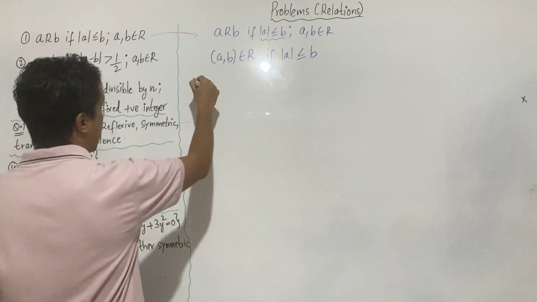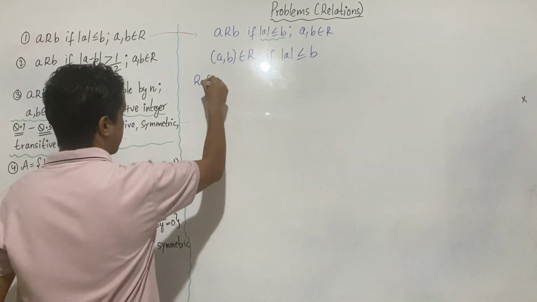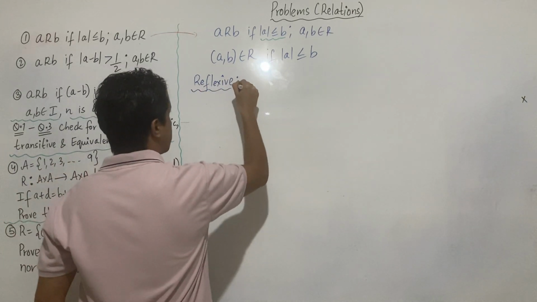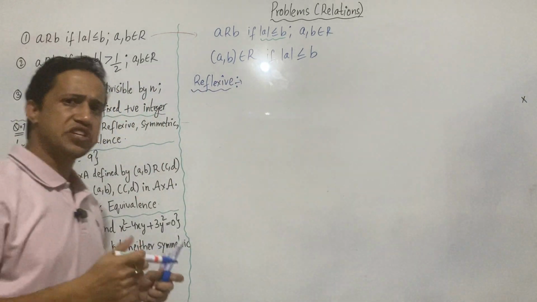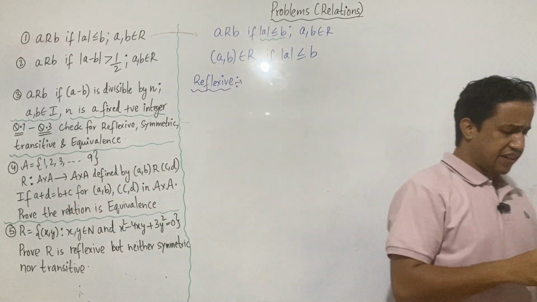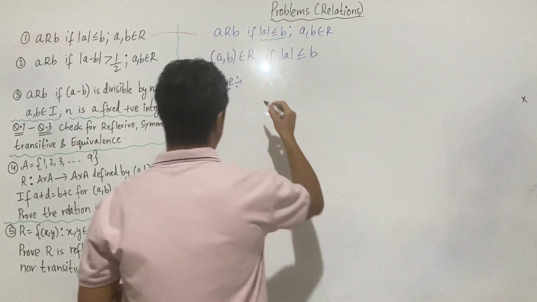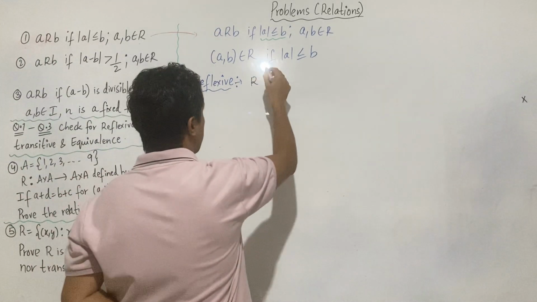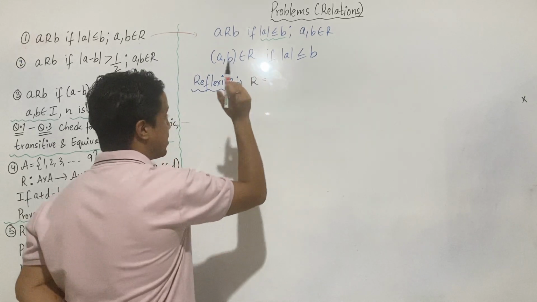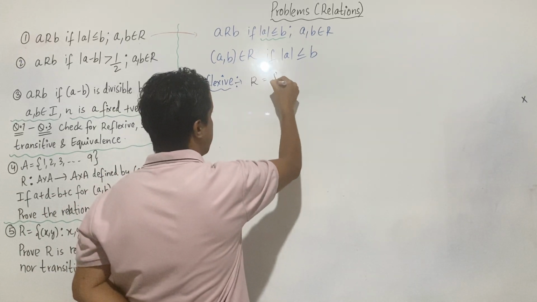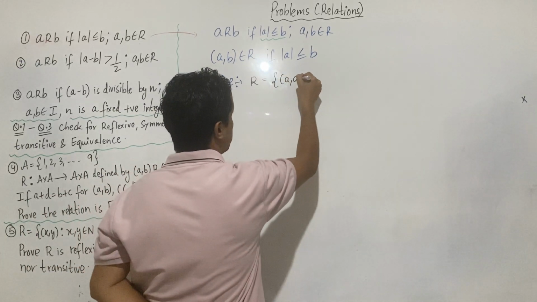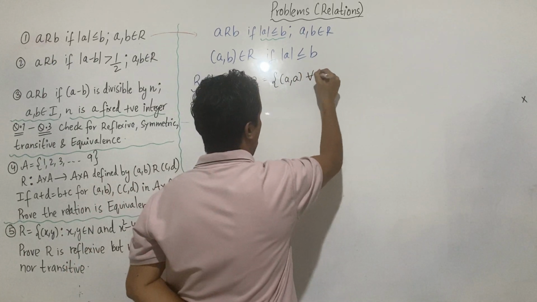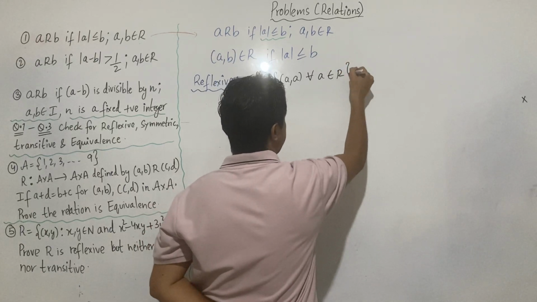So we'll start with reflexive. Now, for a relation to be reflexive, what's the condition? If we have a relation R defined on a set and it has to be reflexive, then it must contain all the ordered pairs of the type (a, a) for all a belonging to the real numbers.